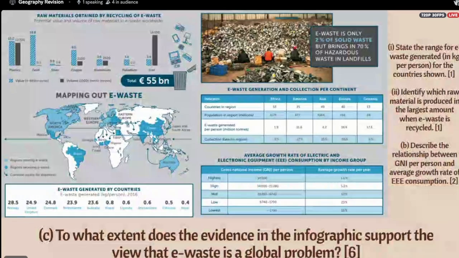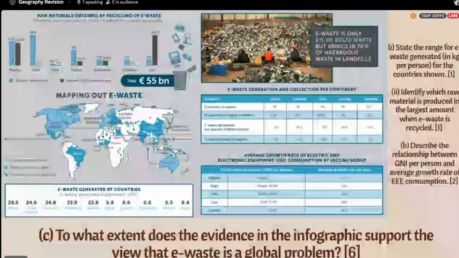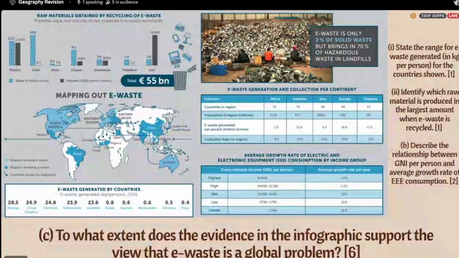You can say yes it is, because it's showing how all the continents are being affected. It's showing the mass impact it's having, the pollution it's causing. However, it's also showing the profit one makes. It also shows the employability it has. It shows the minerals that one can extract.